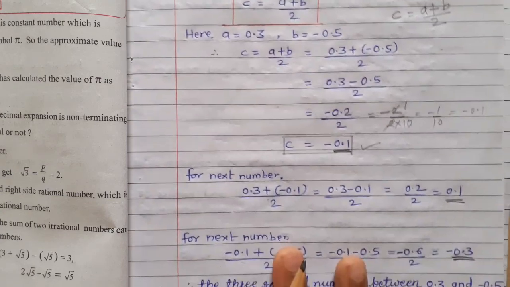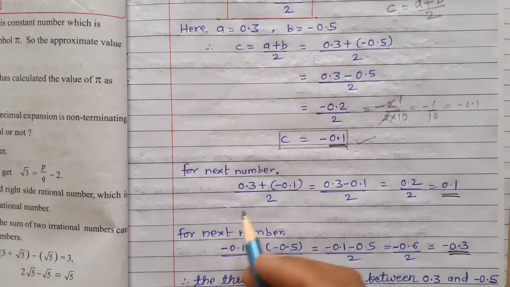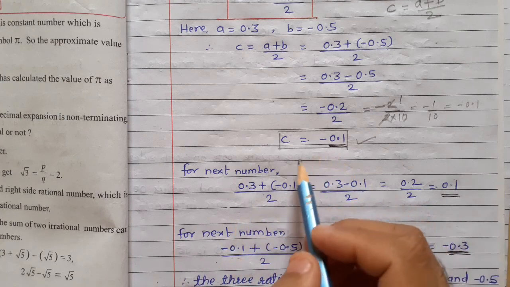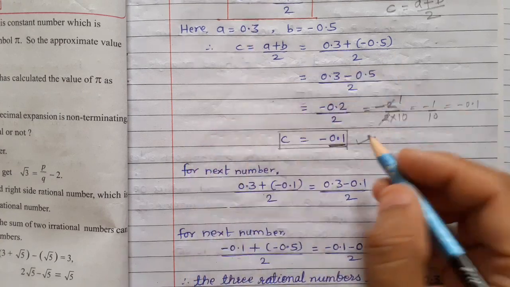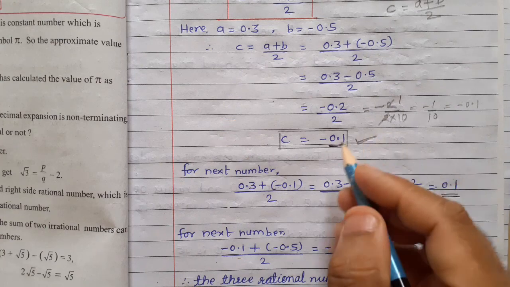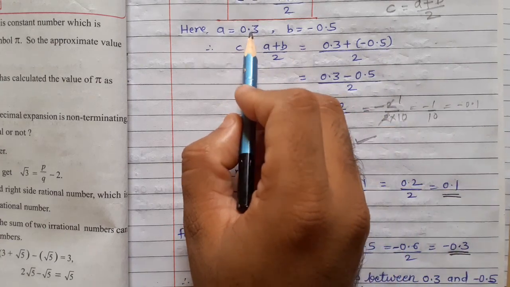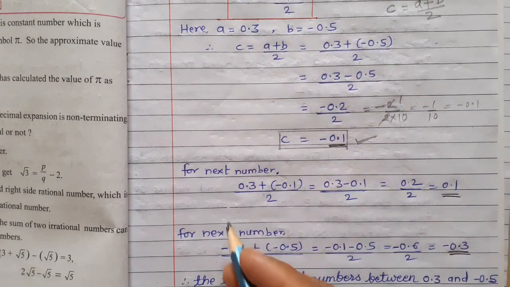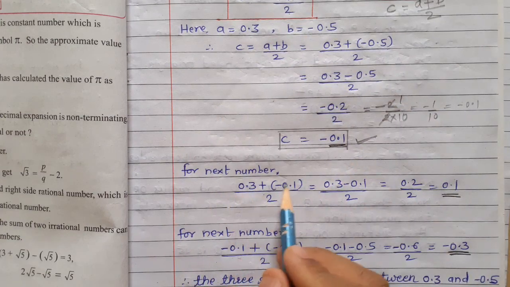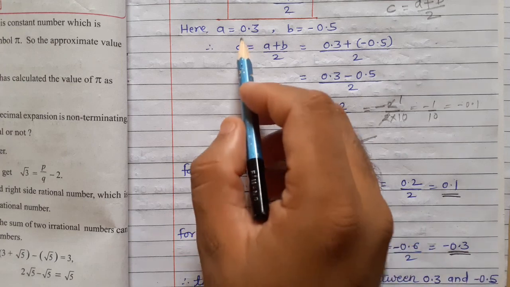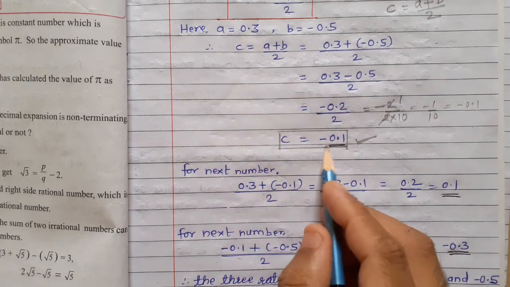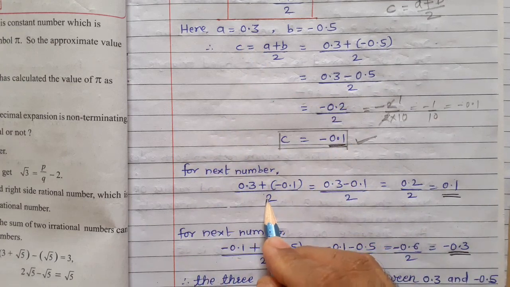So in this way we can find another number. Now we are using 0.3 and this number to find out the numbers in between them also. So we are using 0.3 and minus 0.1 and (A plus B) upon 2. So (0.3 plus minus 0.1) upon 2.